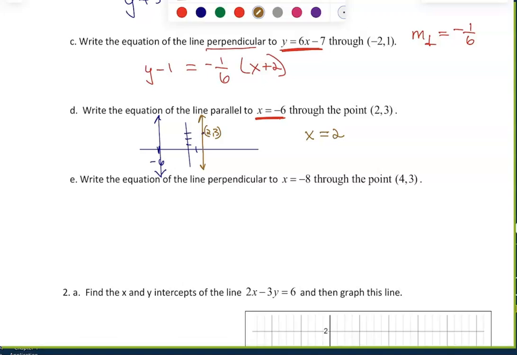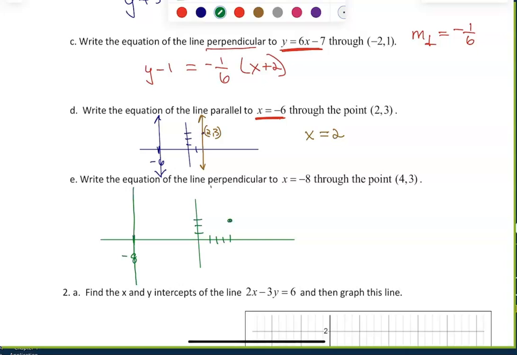Okay, next one is write the equation of the line perpendicular to x equals negative 8. Okay, same drill. So here's my xy axis. Here's where the line x equals negative 8 would be. And I need something that's perpendicular, and it has to go through the point (4, 3).